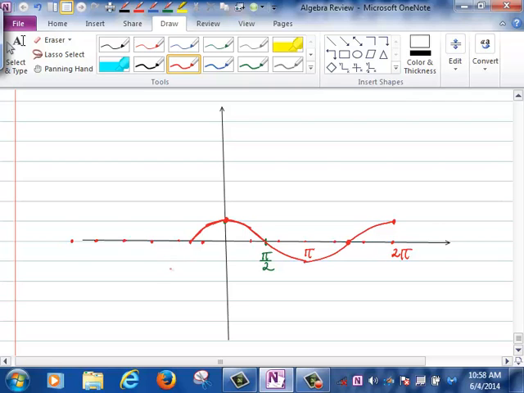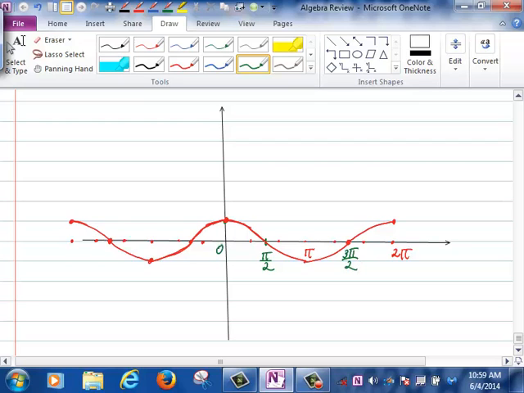What's happening here? I have to see where 1, 2, 3. So the negative pi is right here. So I go up to this point, and where is 3 pi over 2 would be right here, and this is how it looks, right? So let me label the points again. This is 3 pi over 2 right here.